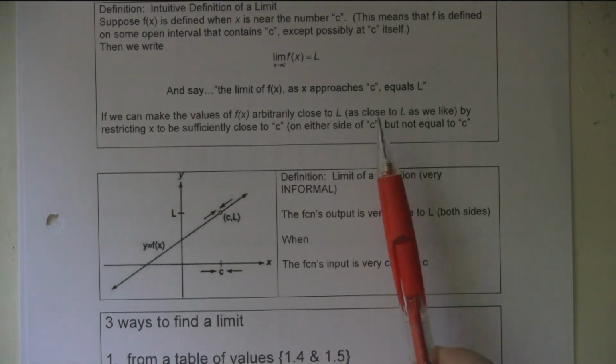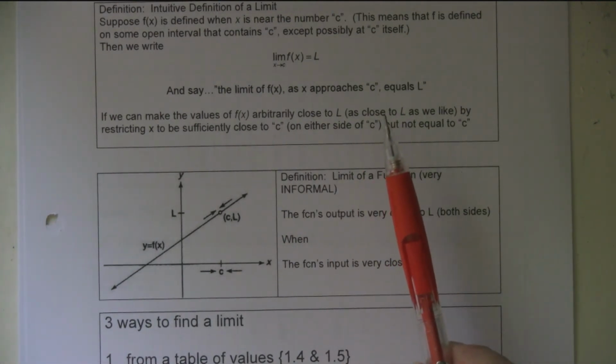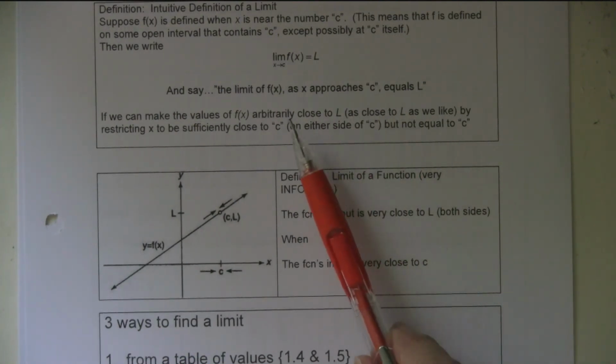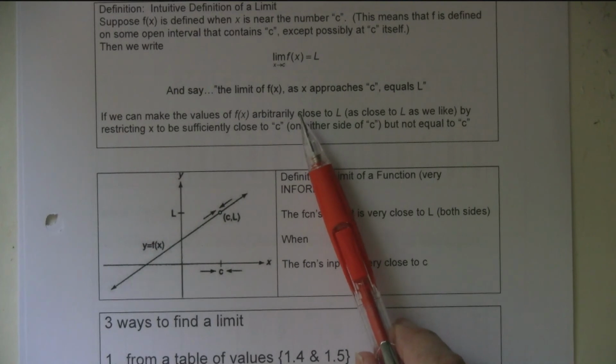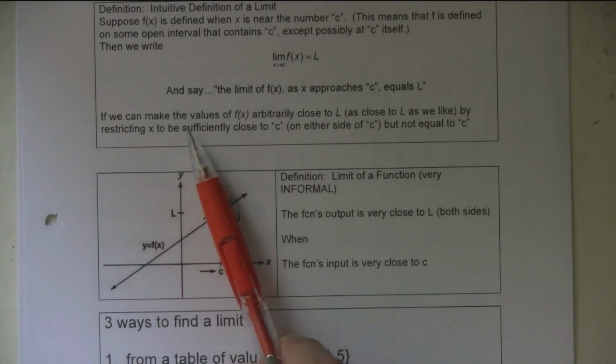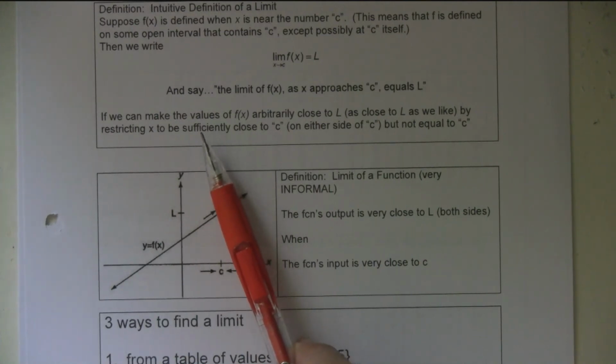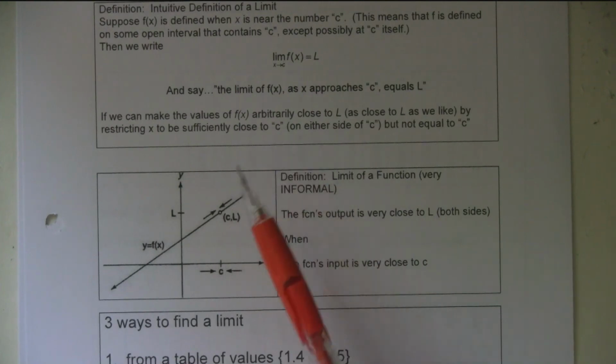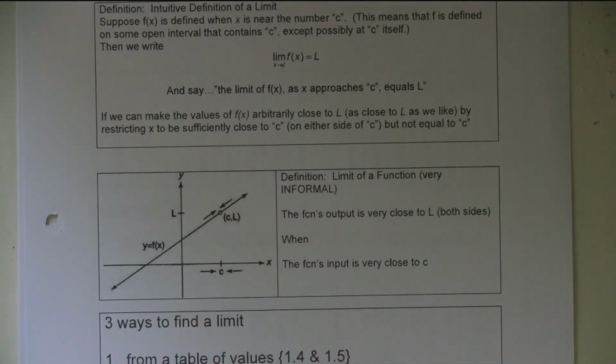So you could say within 0.1 of L or within 0.0001 of L. They say arbitrarily close, which means I can choose that, but I need to choose it by restricting x to be sufficiently close, so I can calculate how close x needs to be to meet that condition on either side of c, but not equal to c.